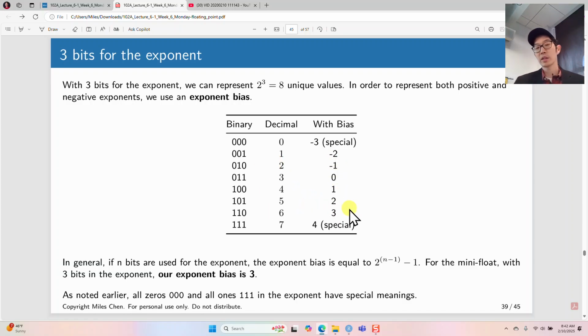Okay, so our exponent bias still follows the same rules. We're using 3 bits for the exponent, so our bias is going to be 2 to the n-1, 2 to the 2, which is 4, -1, so our bias is 3. Okay, so in binary, we go from 0, 0, 0 to 1, 1, 1, and with the bias, we can go from, I guess, -3 to +4, but all zeros is a special case, all ones is a special case, and so our exponents can go anywhere from -2 to +3.